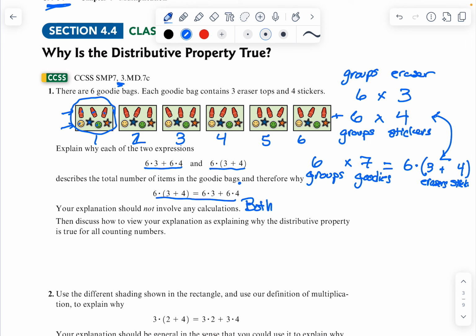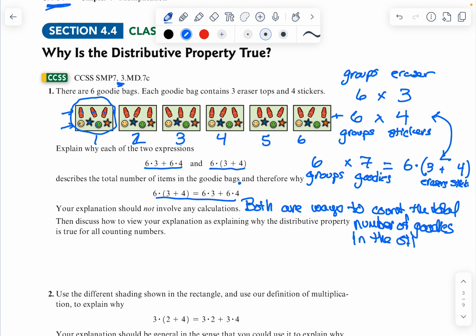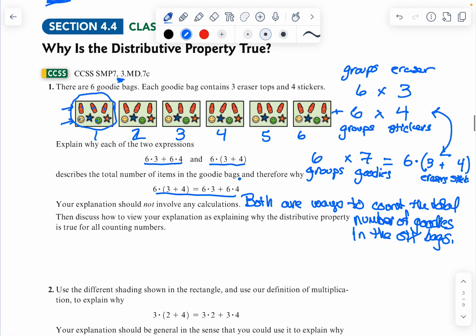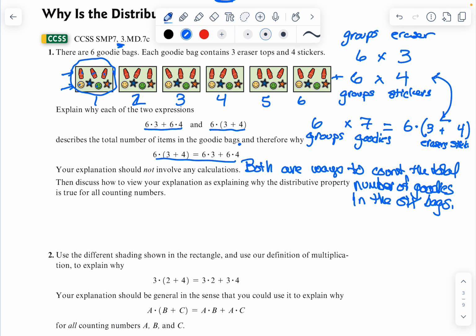Both are ways to count the total number of goodies in the 6 bags. So it says, so explain why the distributive property is true for all counting numbers.